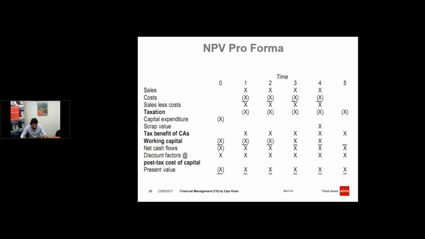And we are aware that when we operate any project, every year there will be cash inflows and there will be cash outflows. So before we can calculate the present value of cash flow, we have to net off the positive and negative cash flows first.